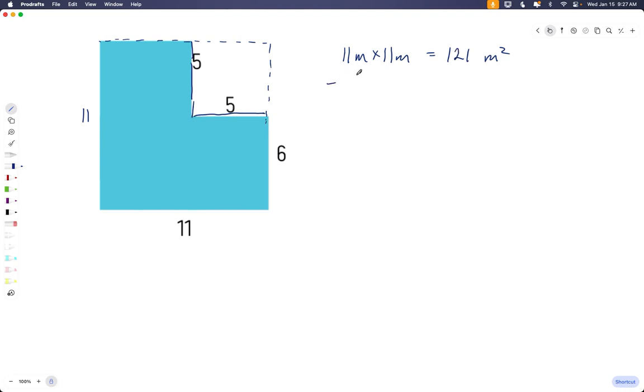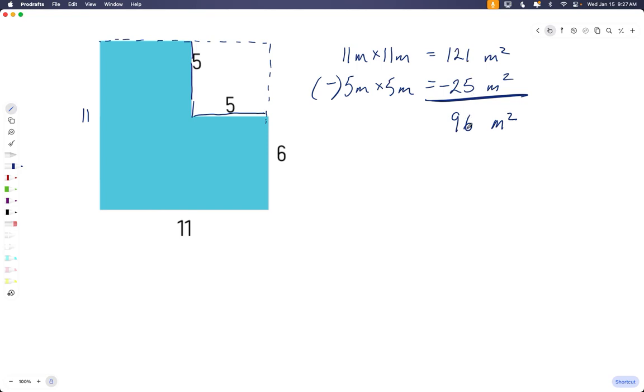So I could say minus 5 meters by 5 meters, which would be 25 meters square, a negative 25 meters square, because we're subtracting, which would still give me 96 meters square.